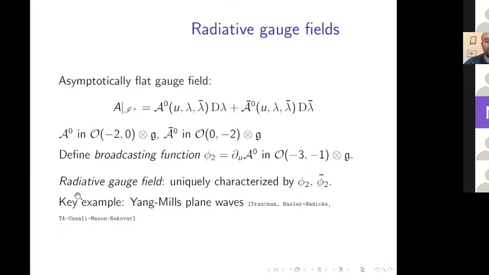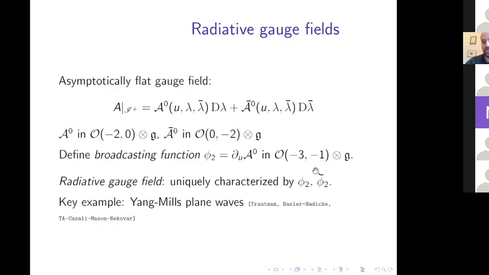Well, I'm going to define what I mean by a radiative gauge field as being an asymptotically flat gauge field which is uniquely characterized by this broadcasting function. In particular, that means there's some sort of Kirchhoff-Hadamard type formula that treats this object as initial data, which defines the gauge field everywhere in spacetime, in the bulk of the spacetime, away from infinity.